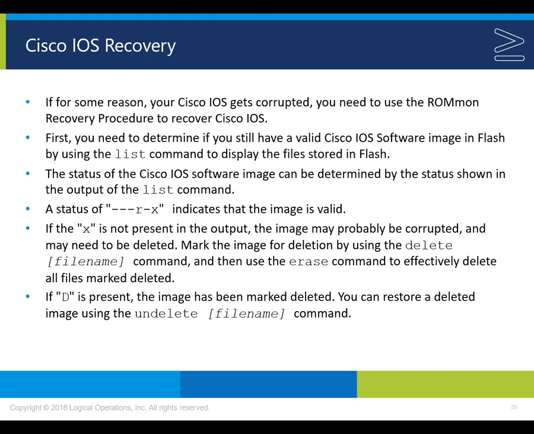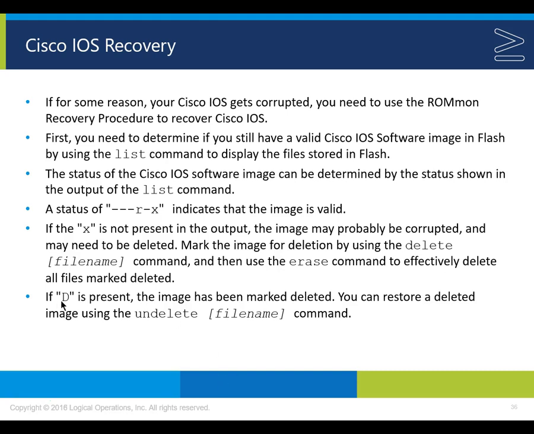The iOS here, there are a couple of things. Status of RNX, read and execute, indicates it's a valid image, and this is one that an image may be marked for deletion, but it's still there. If the execute's not present, the image is probably going to be corrupted. And Cisco and Linux stuff, they're all based on Unix, are going to look very similar.